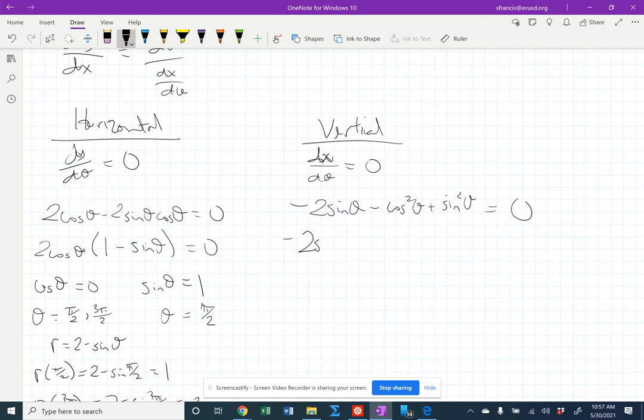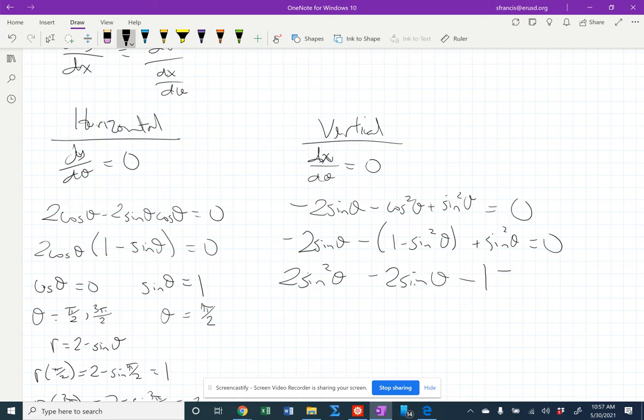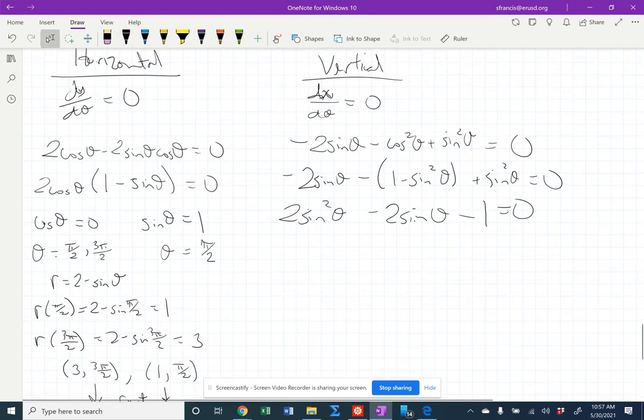So minus 2 sine theta minus the quantity 1 minus sine squared theta, plus sine squared theta is equal to 0. Now if I distribute, I'm going to end up with a positive sine squared theta and another sine squared theta, so I'll have 2 sine squared theta, minus 2 sine theta, minus 1 is equal to 0. And unfortunately, this does not factor nicely.